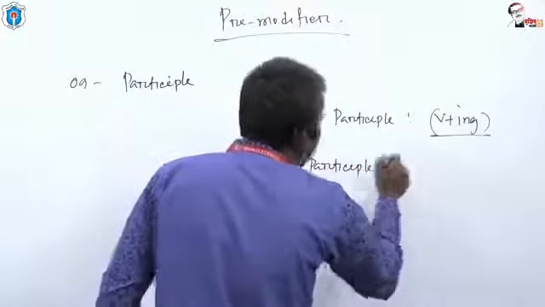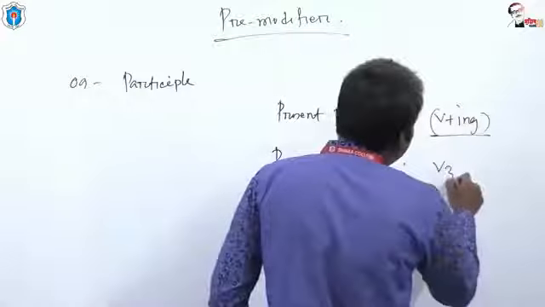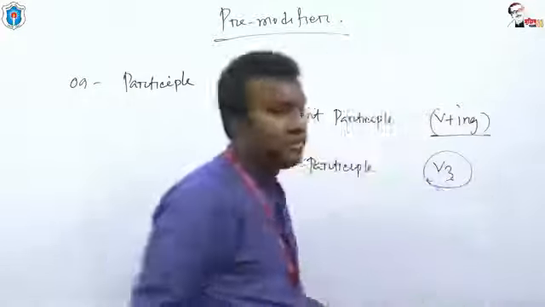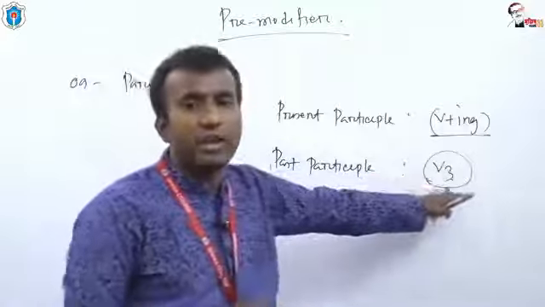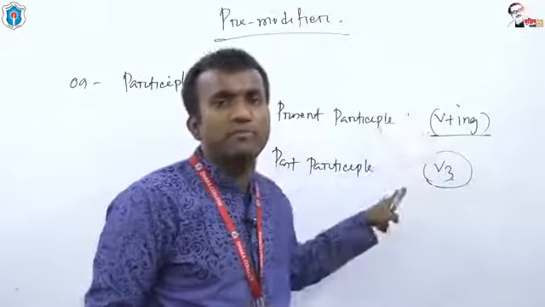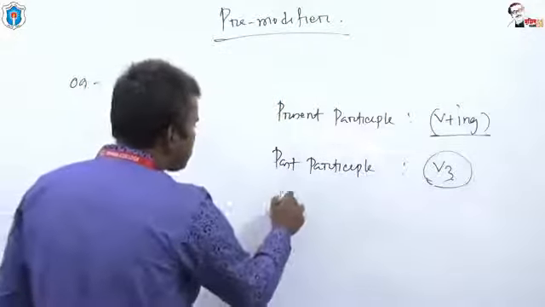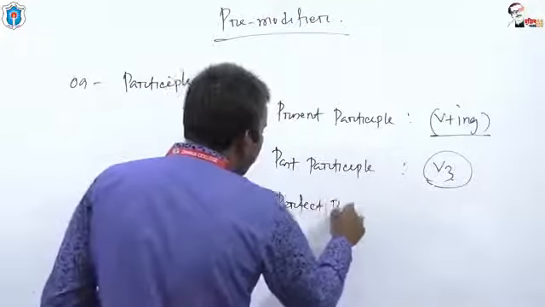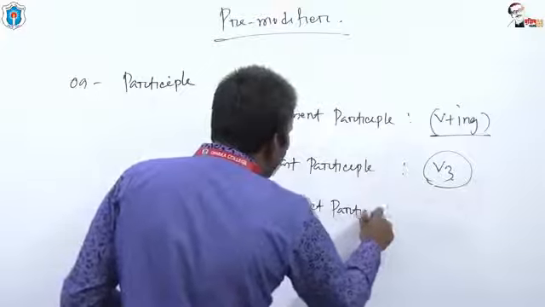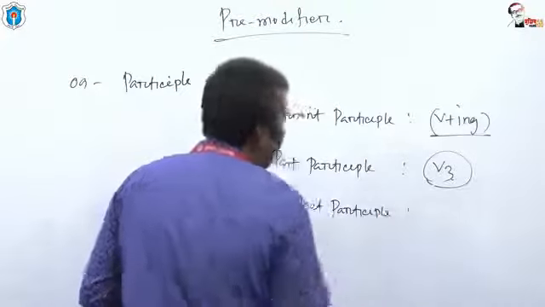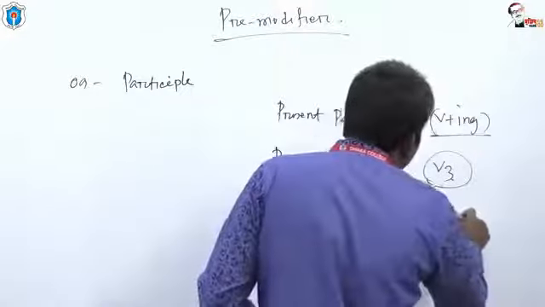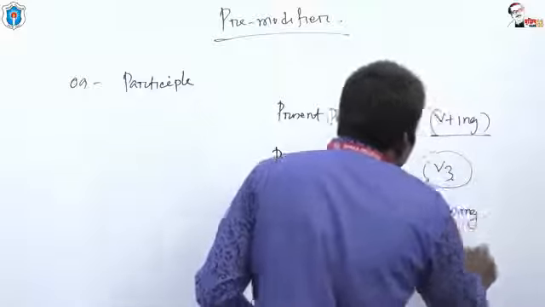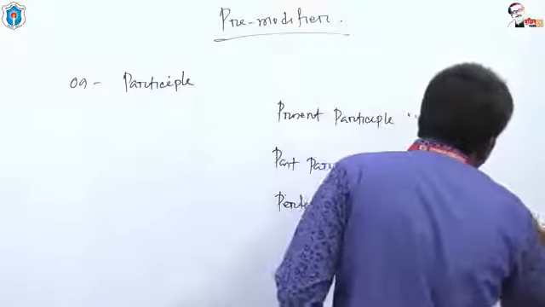Past participle, you know, past participle form of the verb. I have simply written V3. Perfect participle: having plus V3.